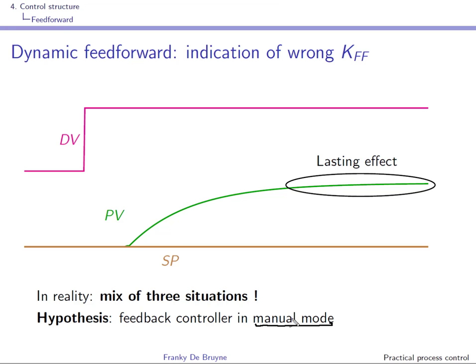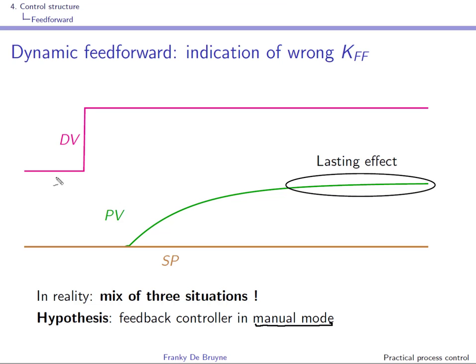If it is in automatic mode, well, obviously the controller will interfere and try to make sure that PV is going to set point, and you will not be able to discriminate between what comes from the feedback and what comes from the feed forward. So when you're checking your dynamic feed forward, put the feedback controller in manual mode, right?